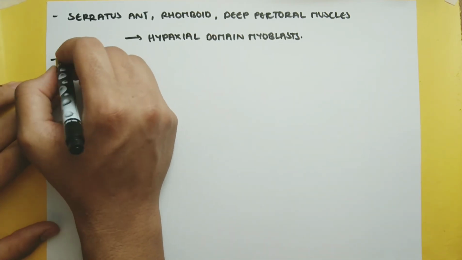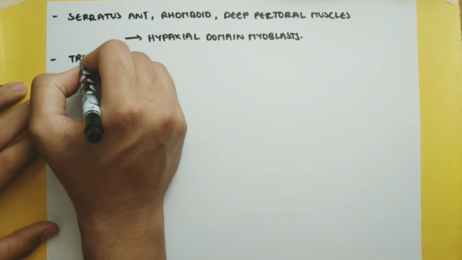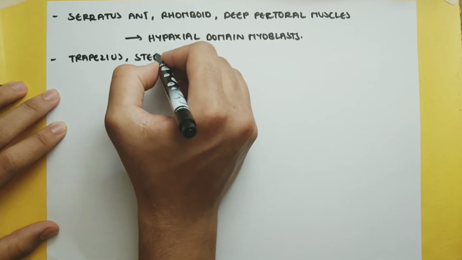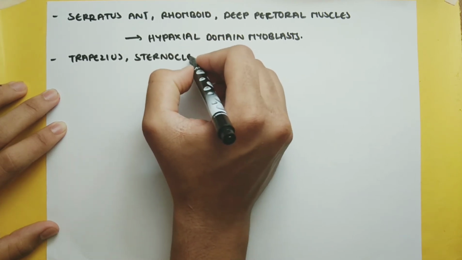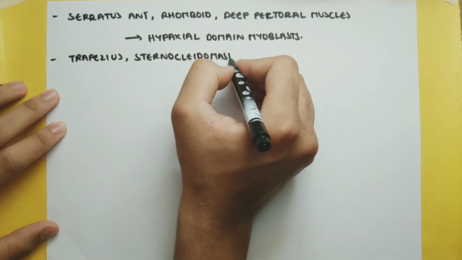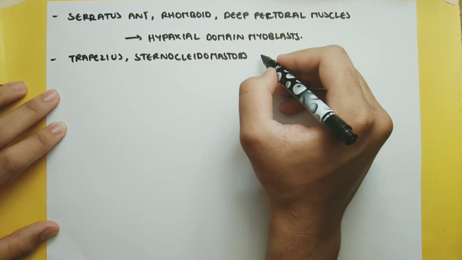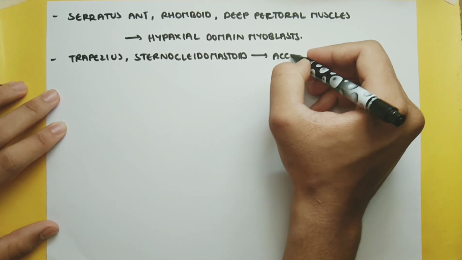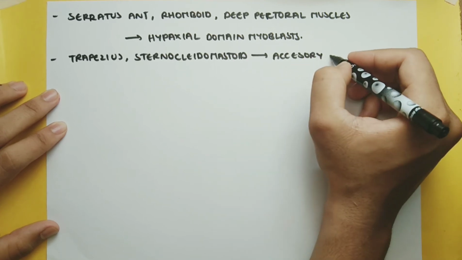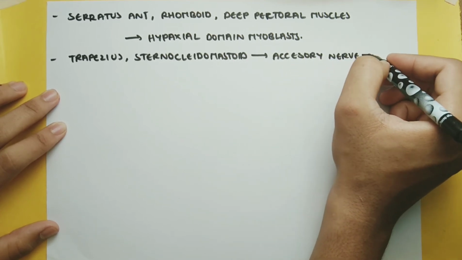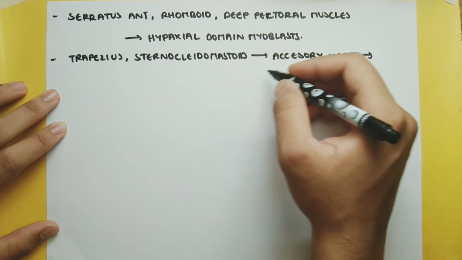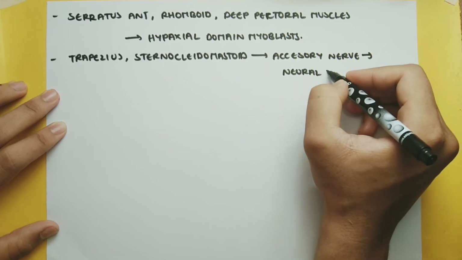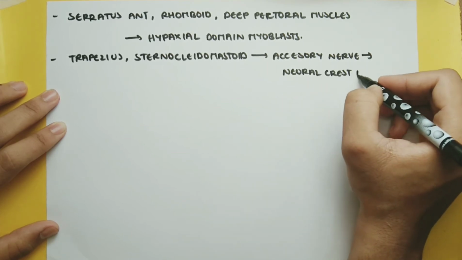Now the other muscles like trapezius and sternocleidomastoid are innervated by the accessory nerve, which is derived from the neural crest mesenchyme.